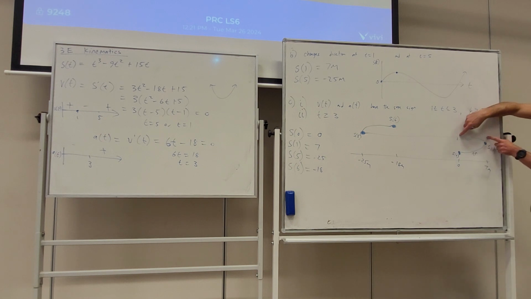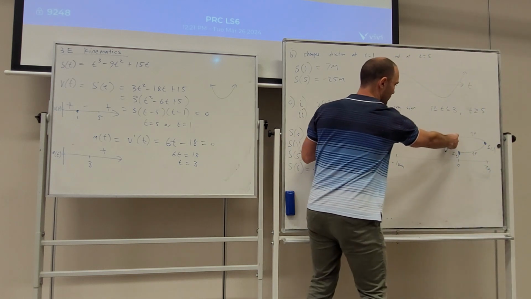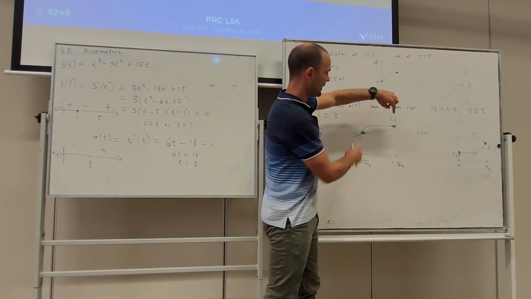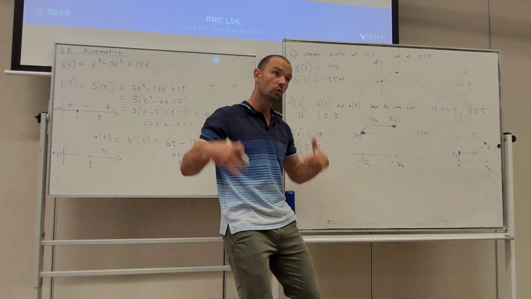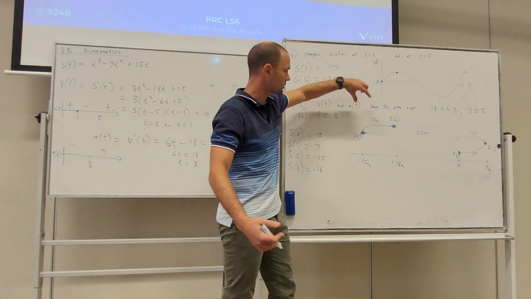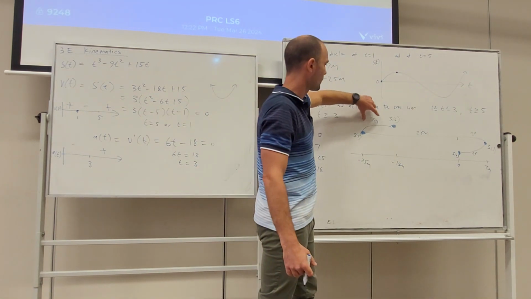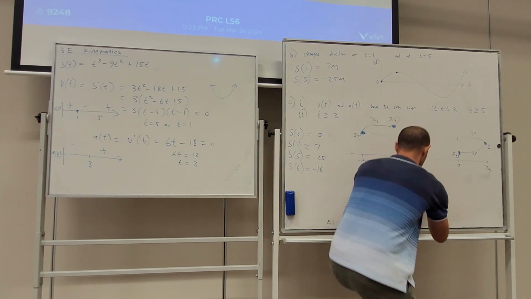From here to here, from 0 to minus 25, that's 25 metres. And from minus 25 to minus 18, that's 7 metres. So the total distance that it's travelled is the sum of all of those. 7, 14, 21 plus 25 is 46 metres.